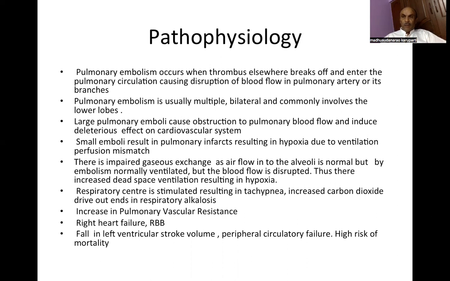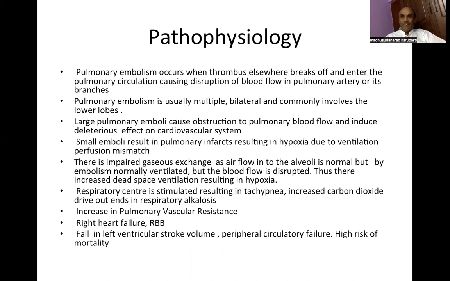At times, even in a large pulmonary embolism, the individuals are sometimes asymptomatic. They are found to have the pulmonary embolism while some laboratory workup is going on for different conditions.